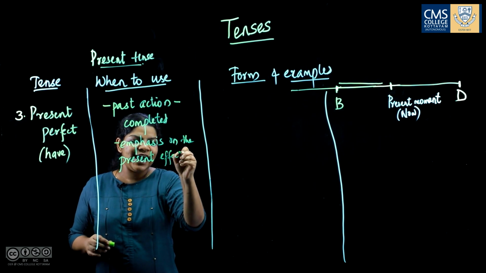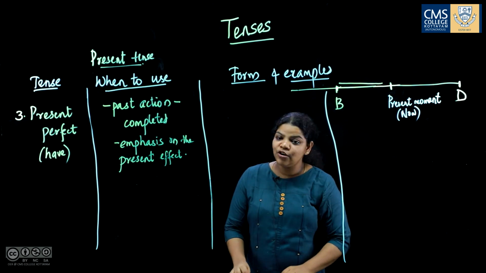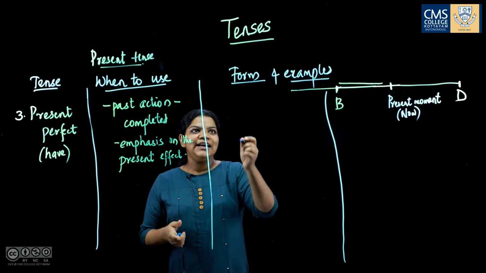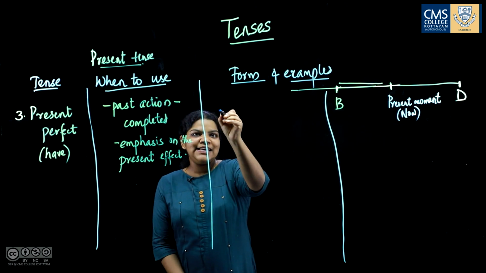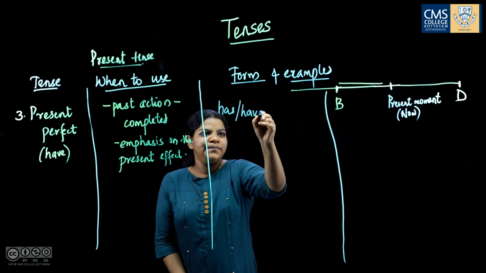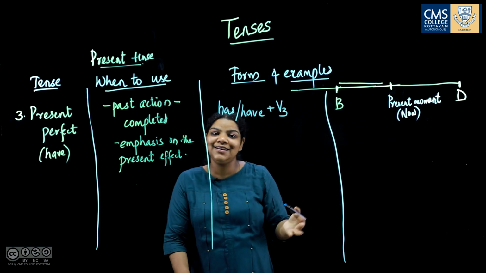The effect of the action in the present times. Let's look at the form and look at a few examples. Now this will be clear. Present perfect tense has the form has or have plus the past participle form of the verb, which is the V3 form of the verb.